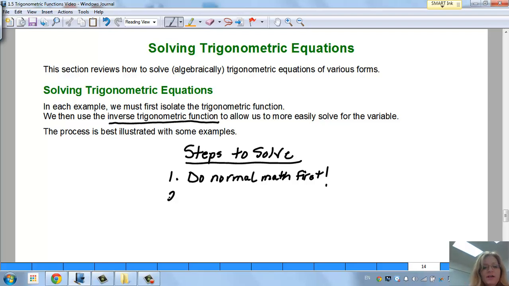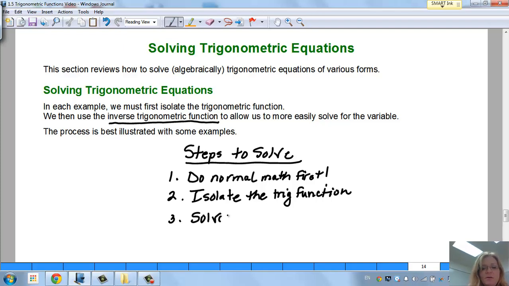Then you're going to isolate the trig function. After you isolate the trig function, you're going to solve it by using the inverse.